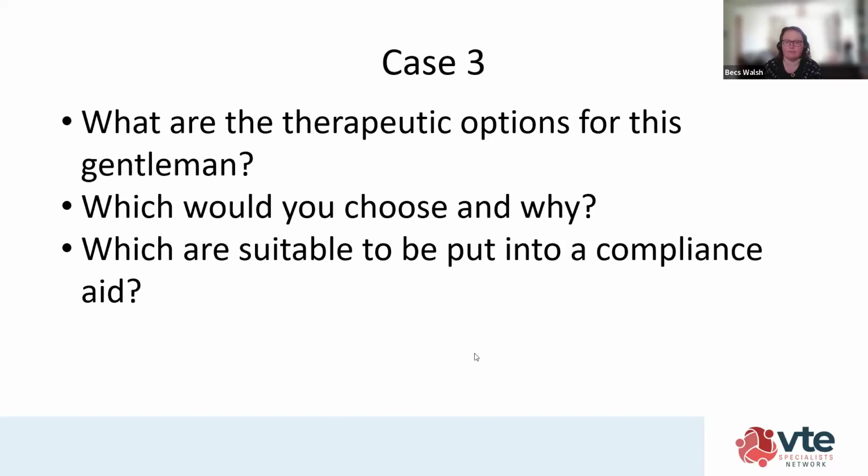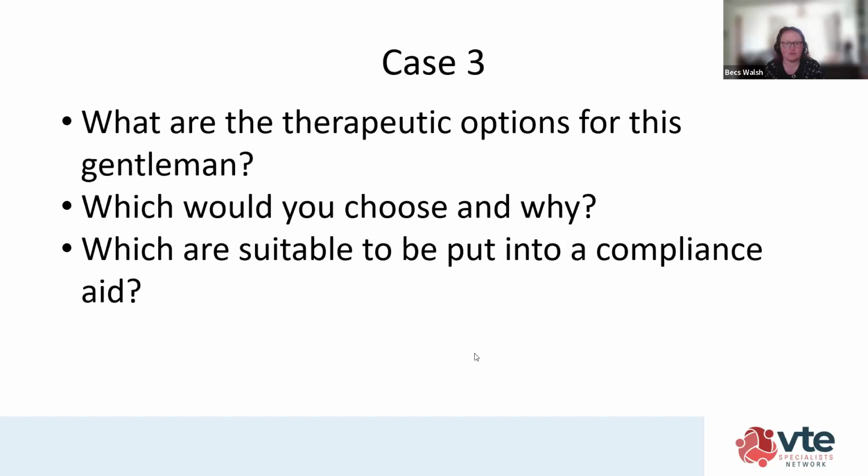So again, we'll talk a little bit about the recommendations for taking rivaroxaban with food, but I wondered whether that was perhaps not a great option for him. Nobody said dabigatran. No evidence for use in cancer-associated thrombosis with dabigatran, so I wouldn't recommend that one either.